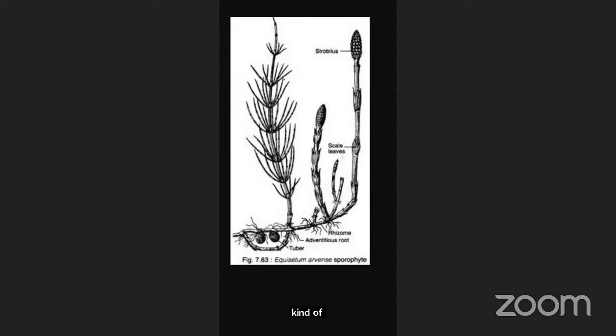They can also grow on ponds, marshy locations, and river banks.